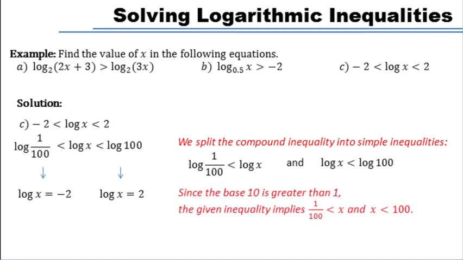Since the base 10 is greater than 1, the base that we do not see there is equal to 10, and 10 is greater than 1, the given inequality implies 1 over 100 is less than x, and x is less than 100. So, we just retain our sign. It does not change since our base is larger than 1. So, the answer is 1 over 100 is less than x is less than 100.